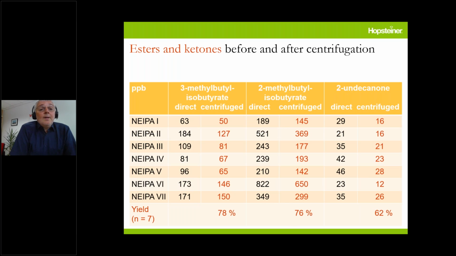The next class are the esters and ketones, the 2 esters and the 2-undecanone. And these are less polar than the terpenols, but more polar than the terpenes. And therefore you see some reduction after centrifugation, but not as high as compared to the terpenes. So it's about in the range of 62% to 78% that you see for these compounds.